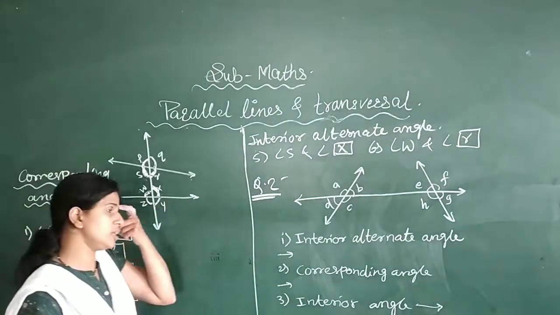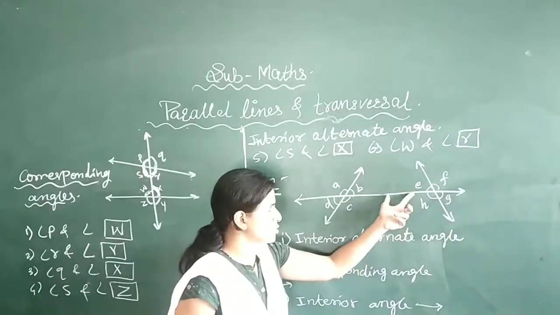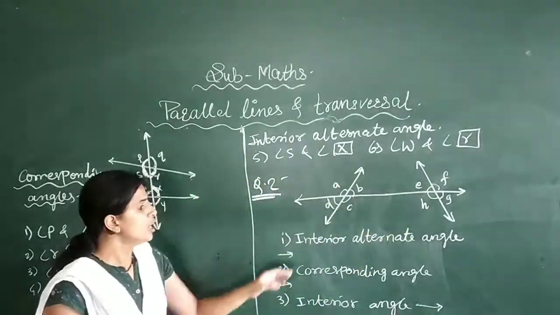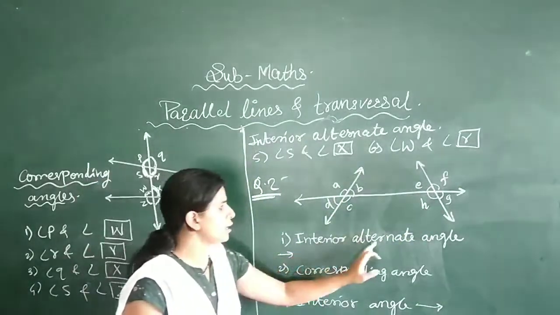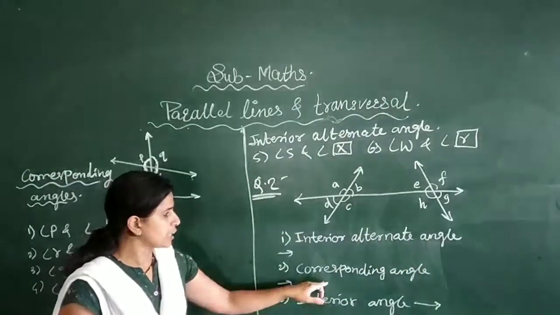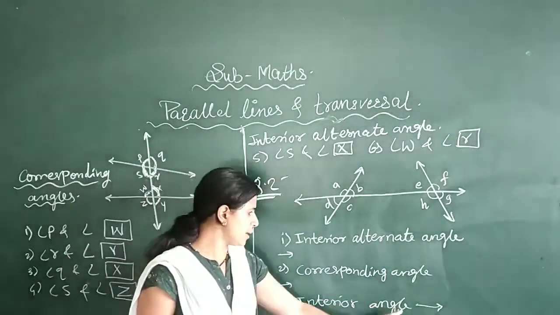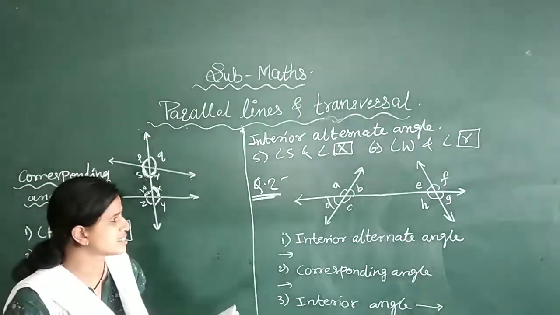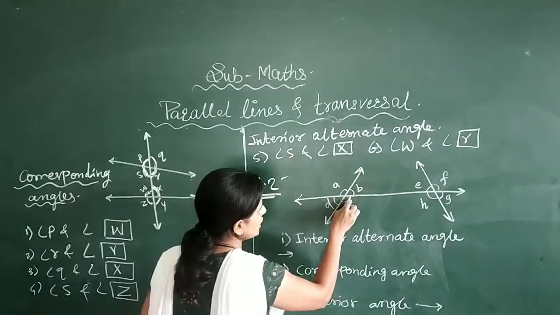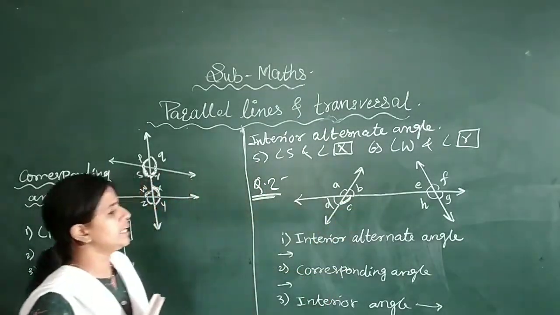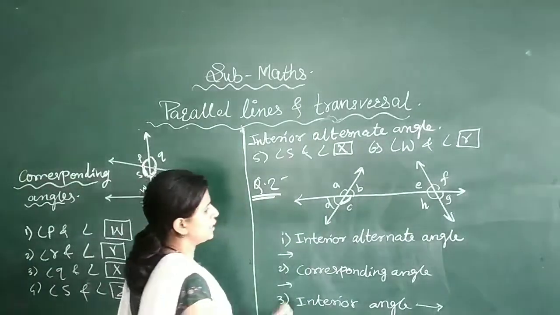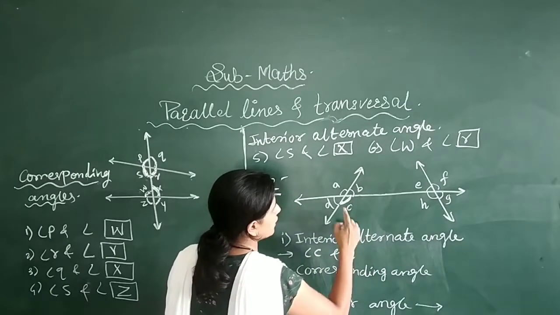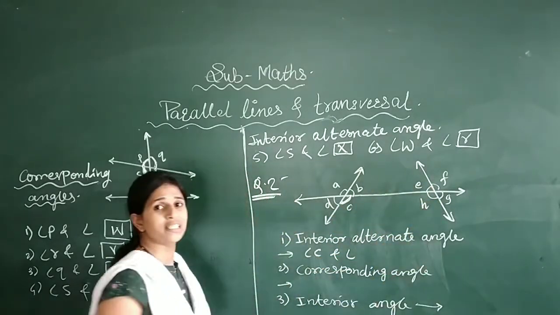Now question number 2. Again, one figure is given. This is your transversal. These are the two lines. Some angles are made over here. You have to find the interior alternate angles, corresponding angles, and interior angles. Now, interior angle means inside. For this C, which is the interior alternate angle? So angle C and this one, which is that angle?